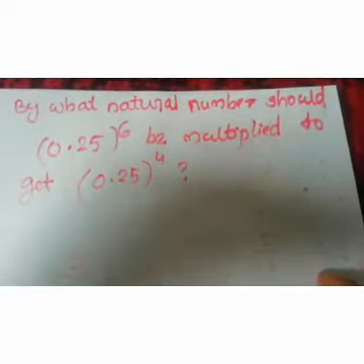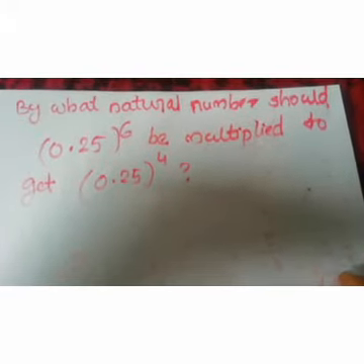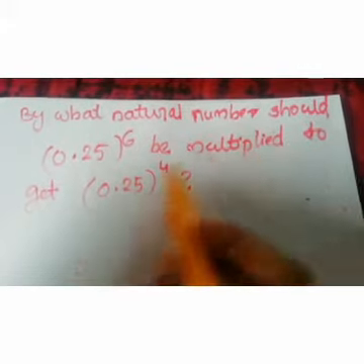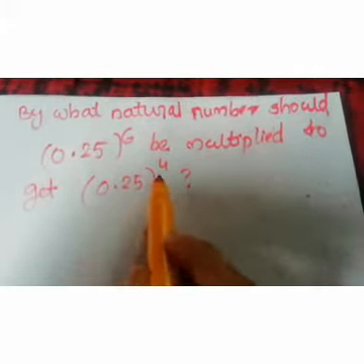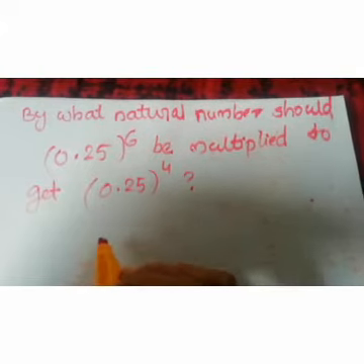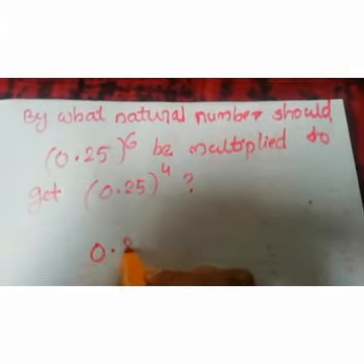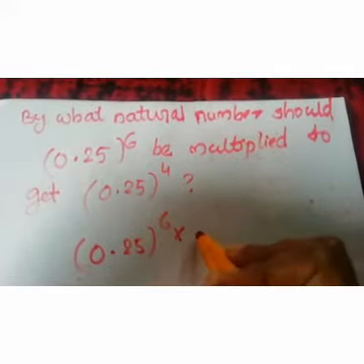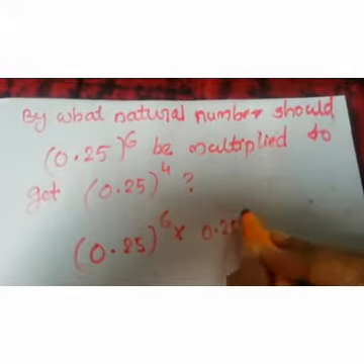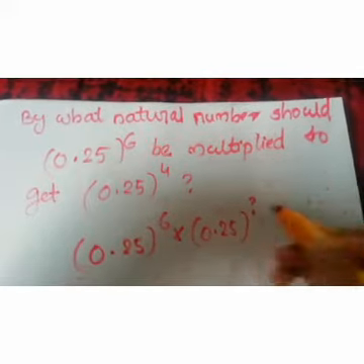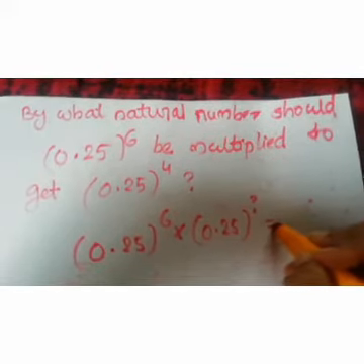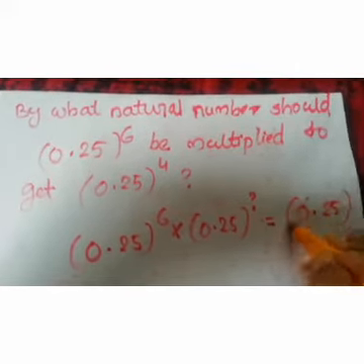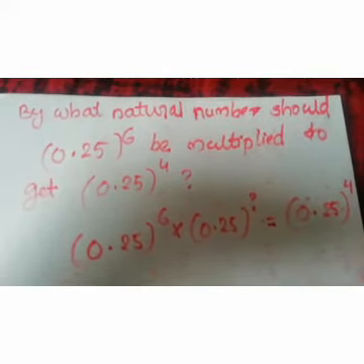Next question: by what number should 0.25 raised to 6 be multiplied to get 0.25 all raised to 4? Here a power of a number is multiplied by another power of the same number in order to get the result 0.25 all raised to 4.